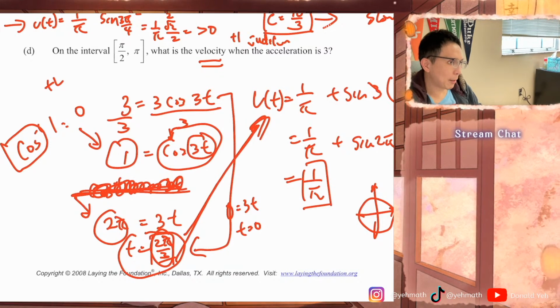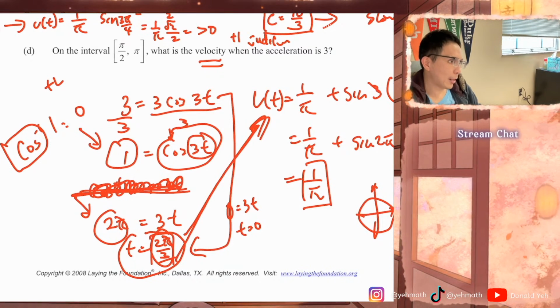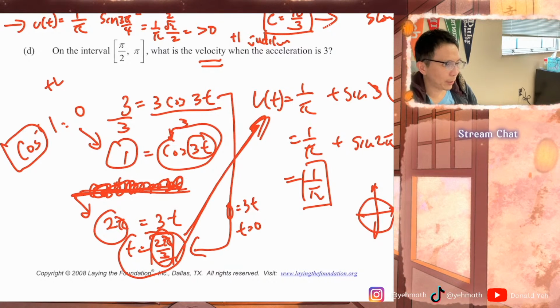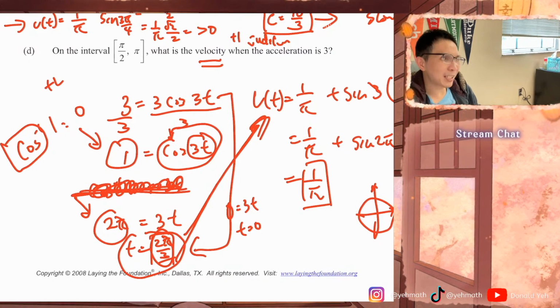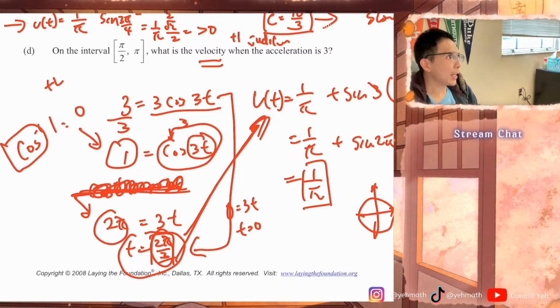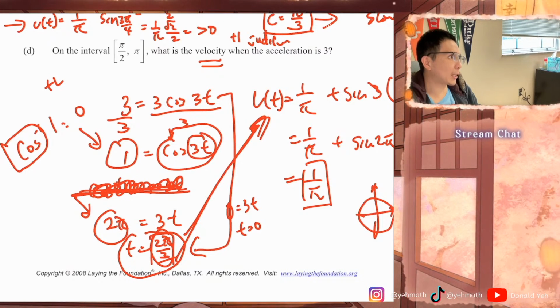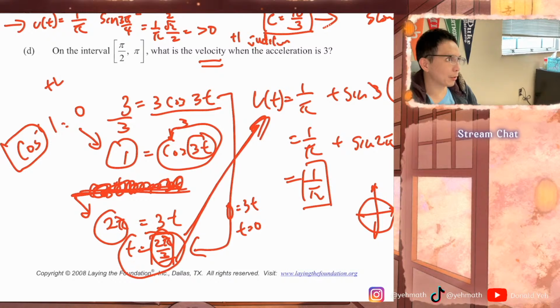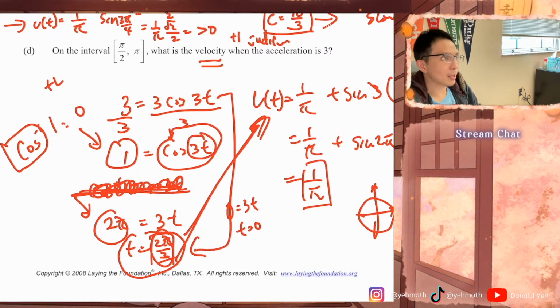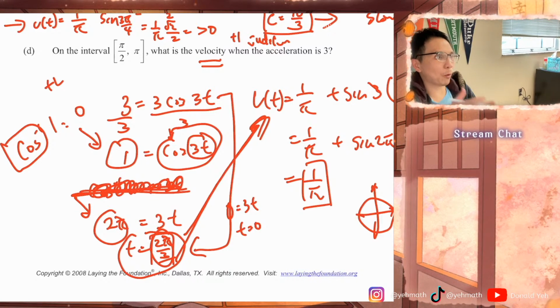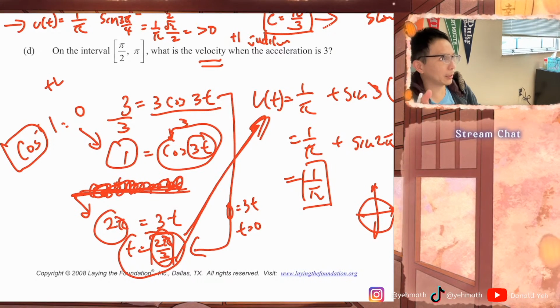The thing is, some people can think of it in their head. They say, oh yeah, that's just 3, that's 2 pi. It has to be 2 pi. So that's possible to get a point. And more likely you might get a continuation point also if you got a first value. Continuation is once you get one value, you plug it into the other one to get another value.